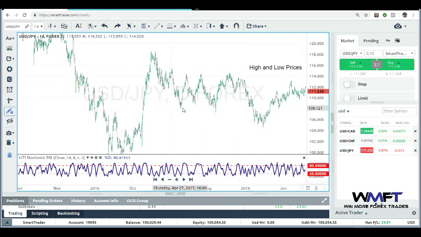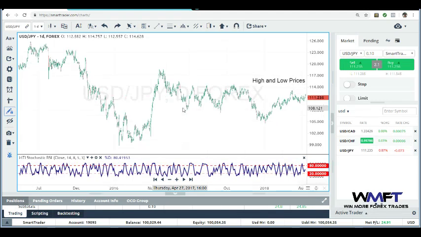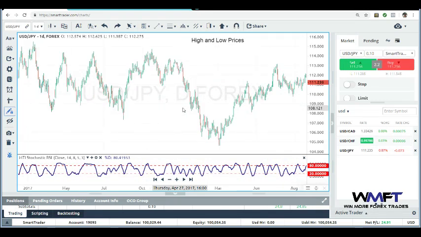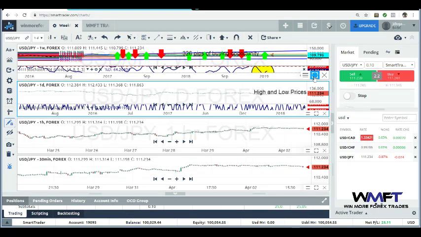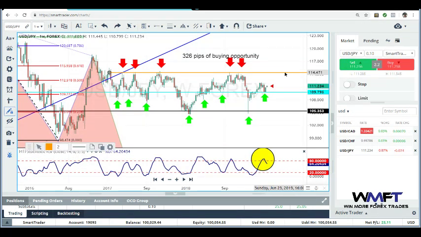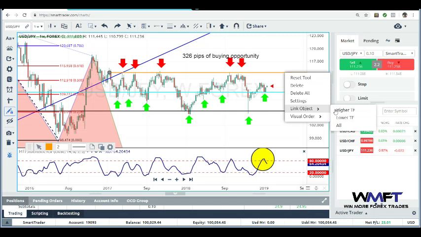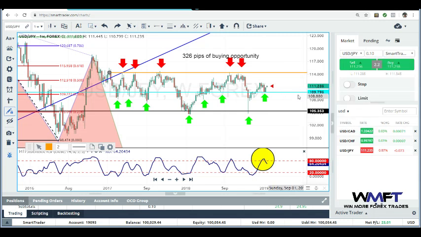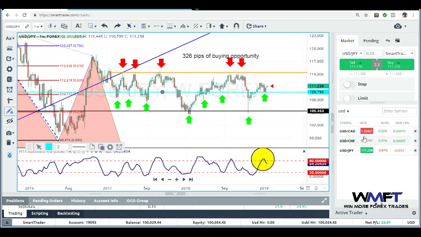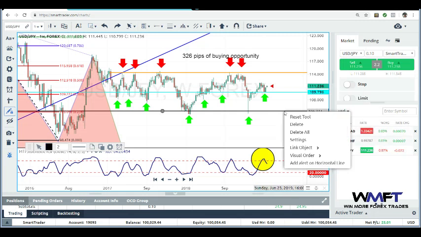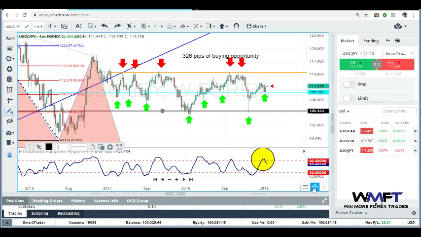We are just looking for the buying opportunities. And actually, let me go back to the weekly time frame, and let's link these to the lower time frames, just so we can see exactly what a support and resistance is on the daily time frames.